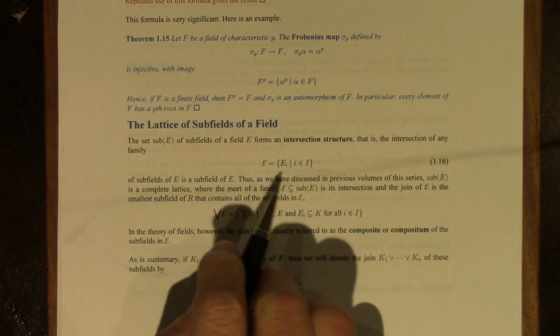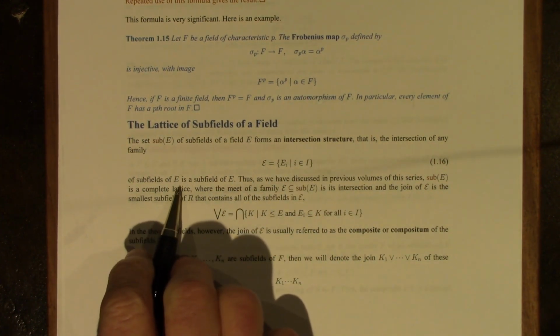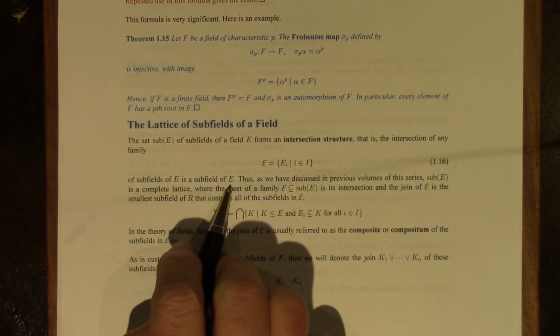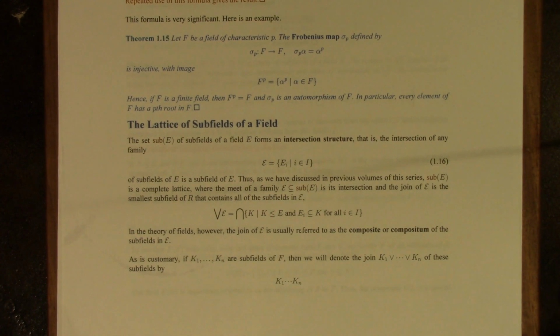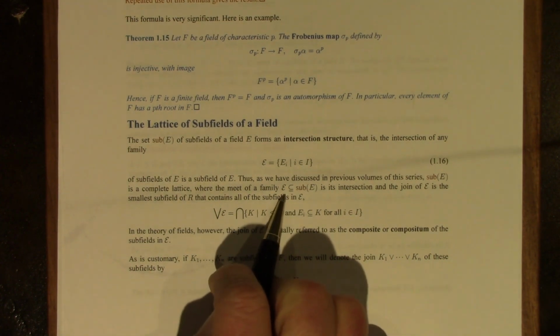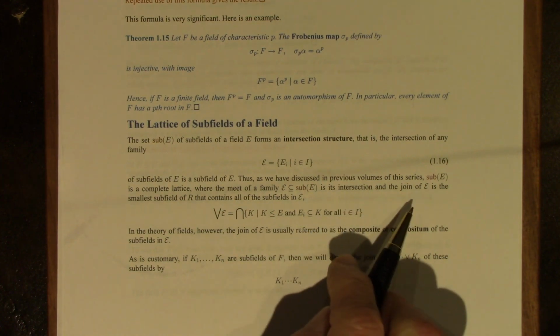So in this case, the intersection of any family of subfields of a field E is again a subfield. And intersection structures are complete lattices where the meet of a family of subfields is its intersection, and the join is rather more complicated.